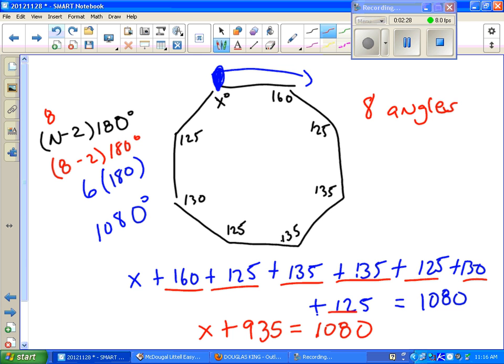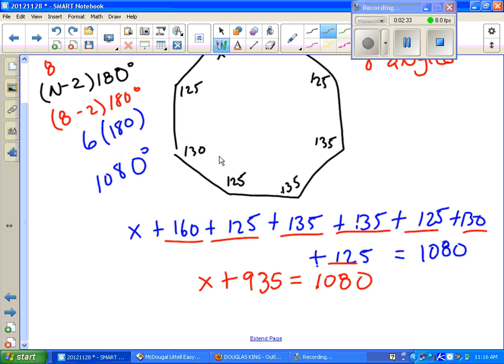That's the total. So how do you get x by itself? You subtract 935. I know you know how to do your algebra.